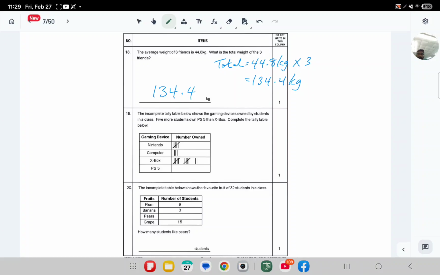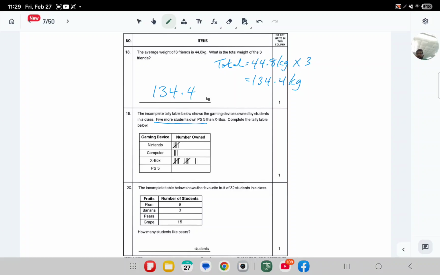Number 19, the incomplete tally table below shows the gaming devices owned by students in a class. 5 more students own PS5 than Xbox. Complete the tally table below. So they said 5 more students own PS5 than Xbox.